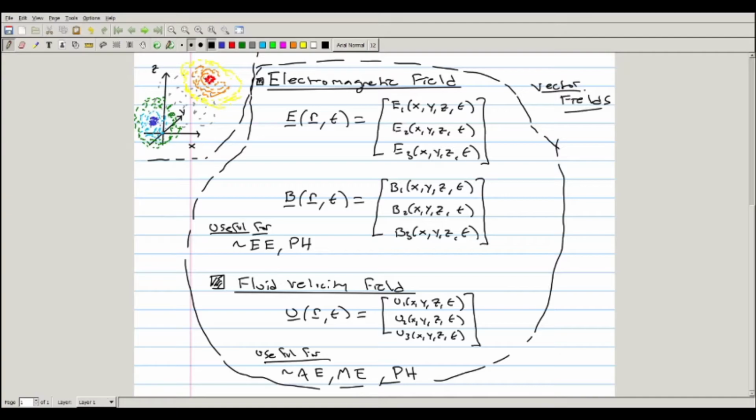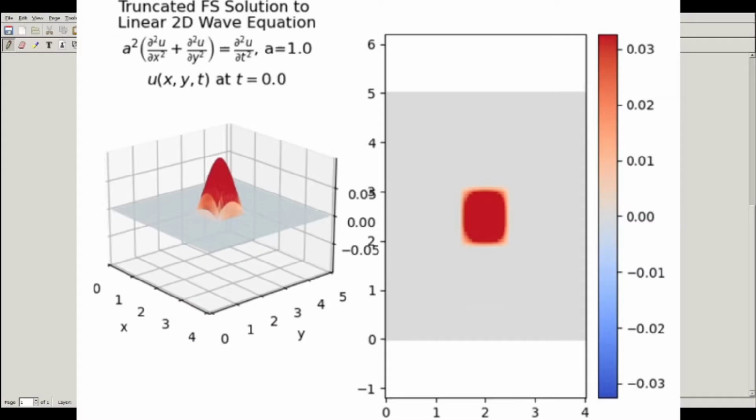Now, it should be clear, though, that even though these are vector fields or vector valued functions of position argument, these vector valued functions are still composed of normal scalar functions. We just have multiple scalar functions for each one of these vector fields that we're considering.